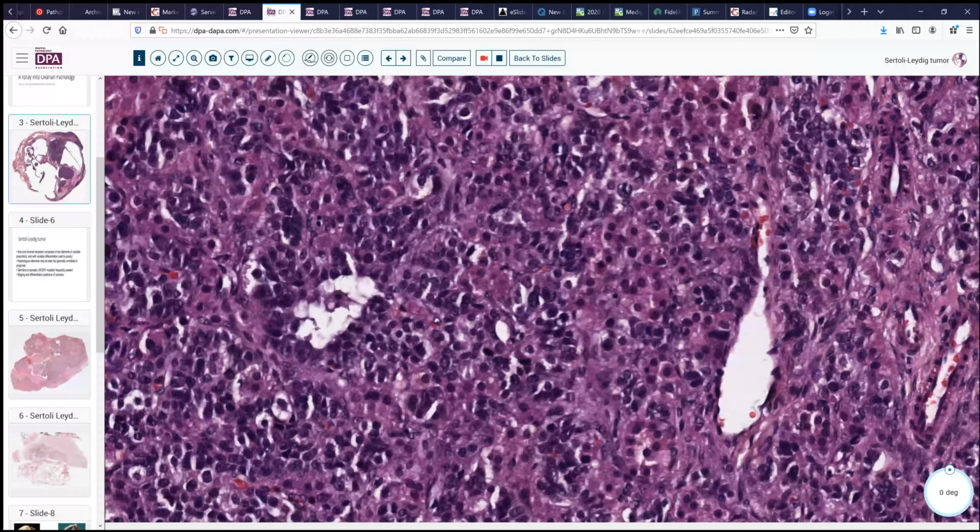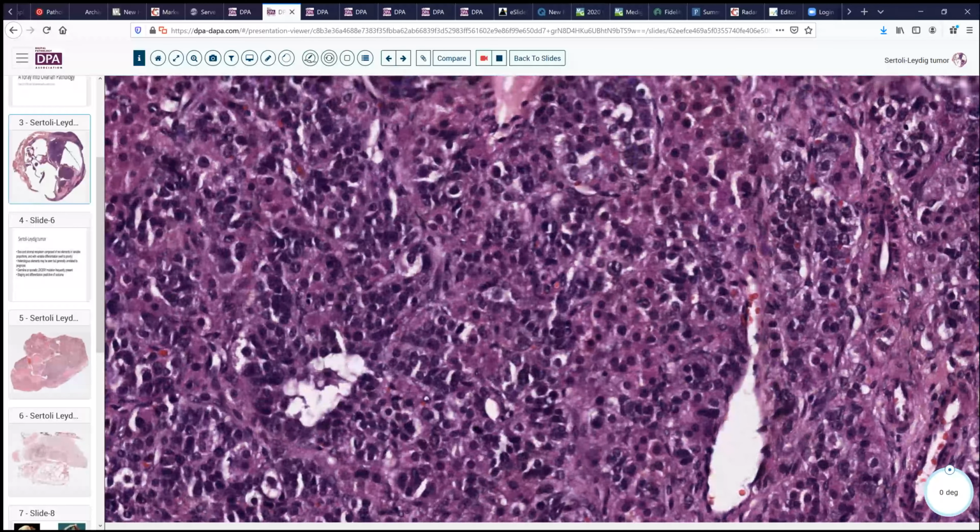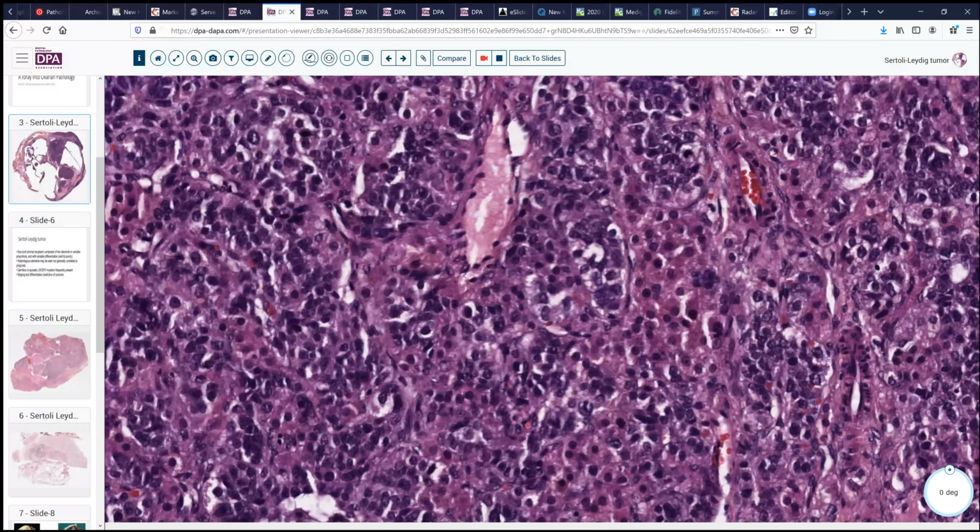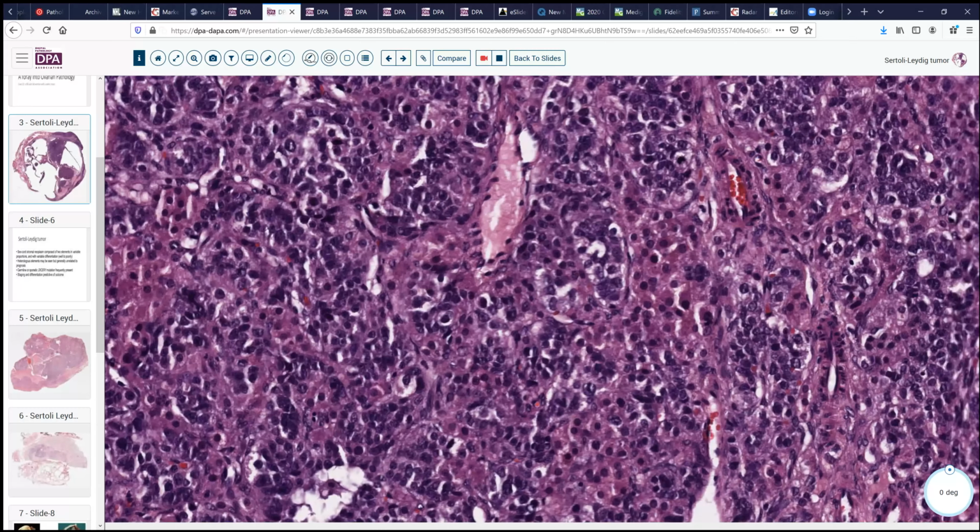Here you can see very nice round nuclei to most of those cells. And we see that there's some intervening vasculature. We don't see a lot of nuclear pleomorphism or atypia, but we see this alternating pattern between sort of a tubular, lamellar pattern and this interstitial pattern of cells.